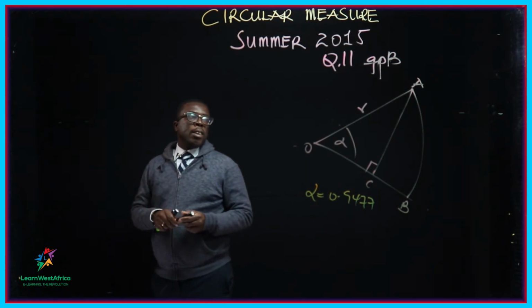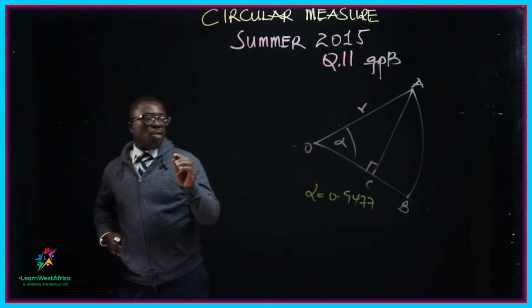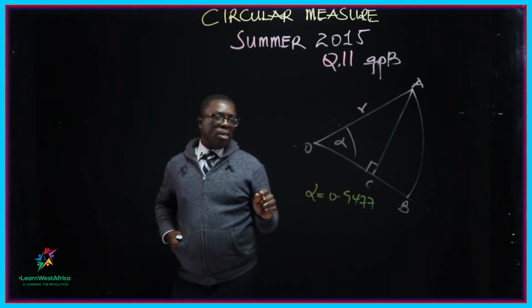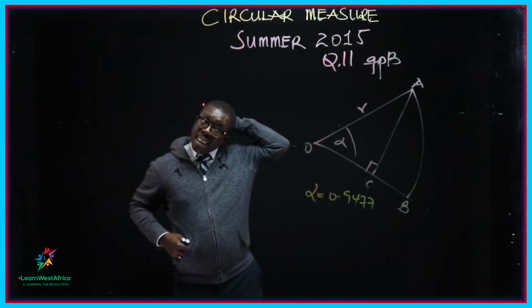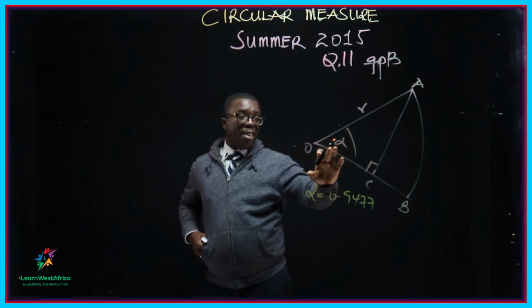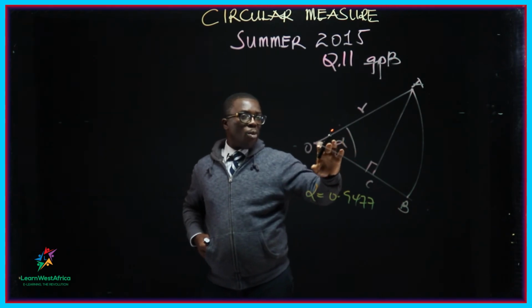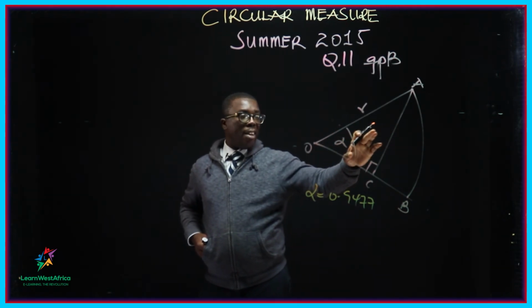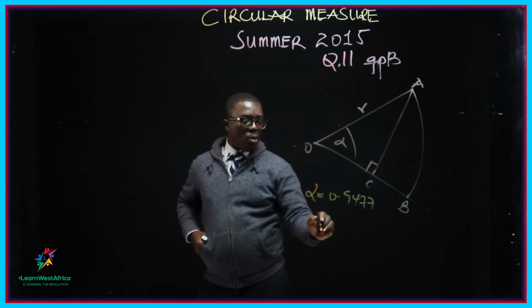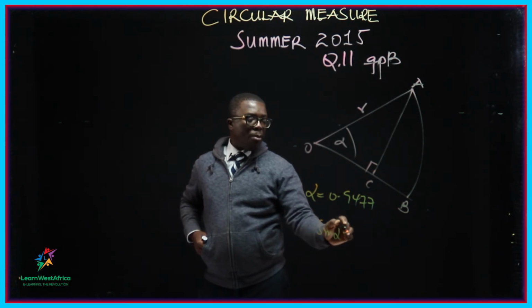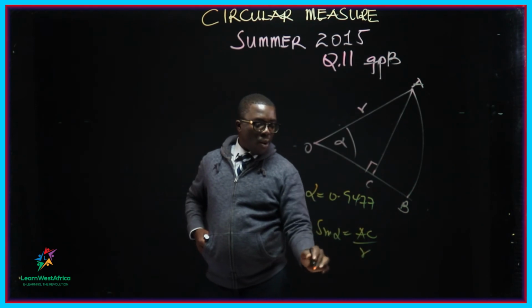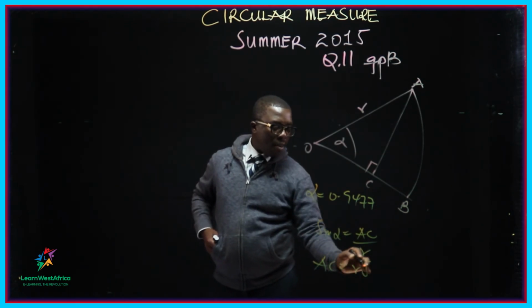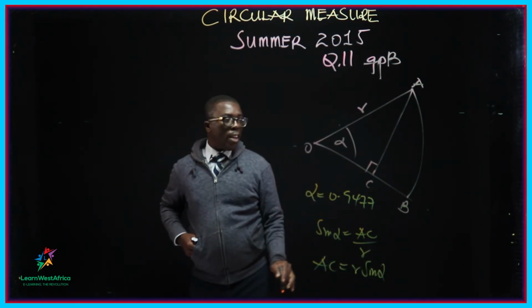Remember from our calculations that sine alpha is going to give you AC, opposite over hypotenuse. So sine alpha was opposite, which was AC over R. So our AC was R sine alpha.